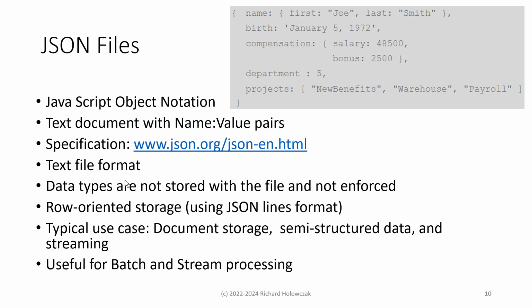Typically, JSON files are using row-oriented storage. However, that's not always the case, and I'll show some options in the next slide of how we can deal with these different styles of JSON files. The typical use case might be document storage with semi-structured data and also for streaming.